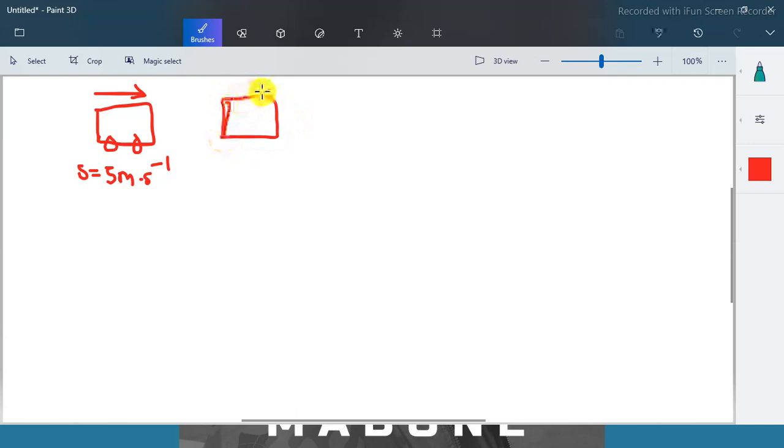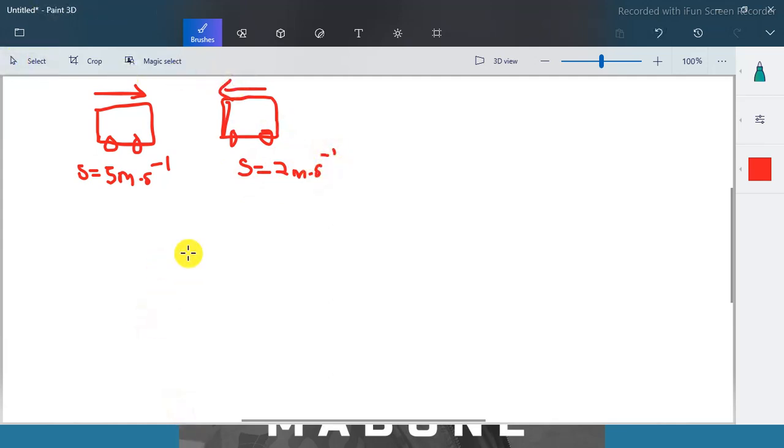This is collision. They're going to collide, okay? So now this is what's happening. And the speed of this one doesn't have wheels. Wow. Okay. The speed of this car now is 2 m s^-1. Alright, guys.